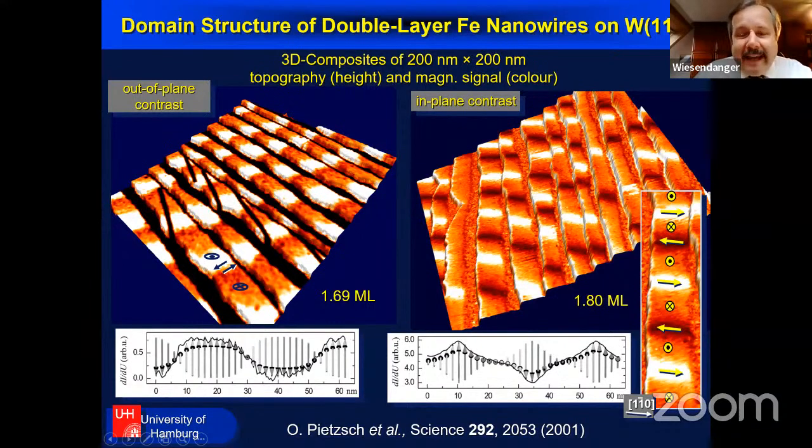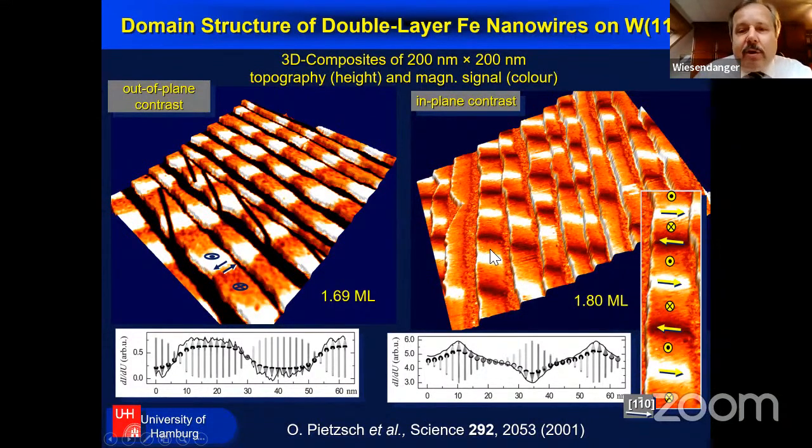And it was Oswald Pietzsch who came to me and said, there is a very strange observation, namely that these spirals always have a unique sense of rotation, no matter which stripe you are looking at, no matter which sample you prepared, always a unique sense of rotation.